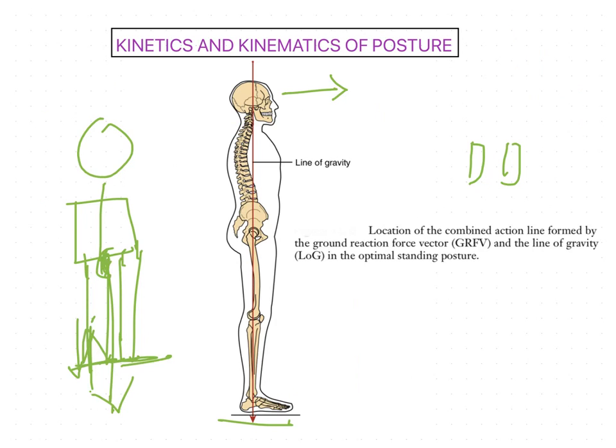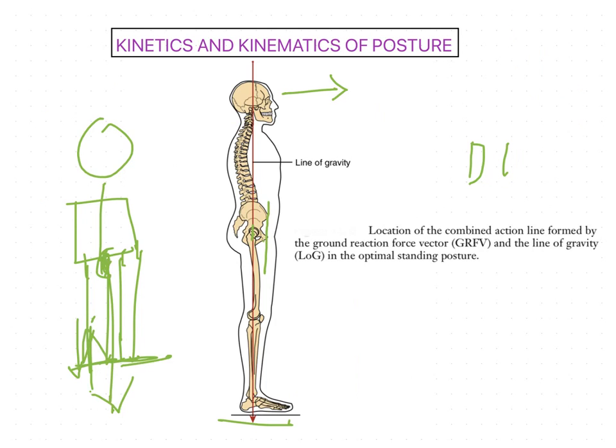When the LOG passes directly through a joint axis, no external gravitational torque is created around the joint. However, if the LOG passes at a distance from the axis, then an external gravitational moment is created.